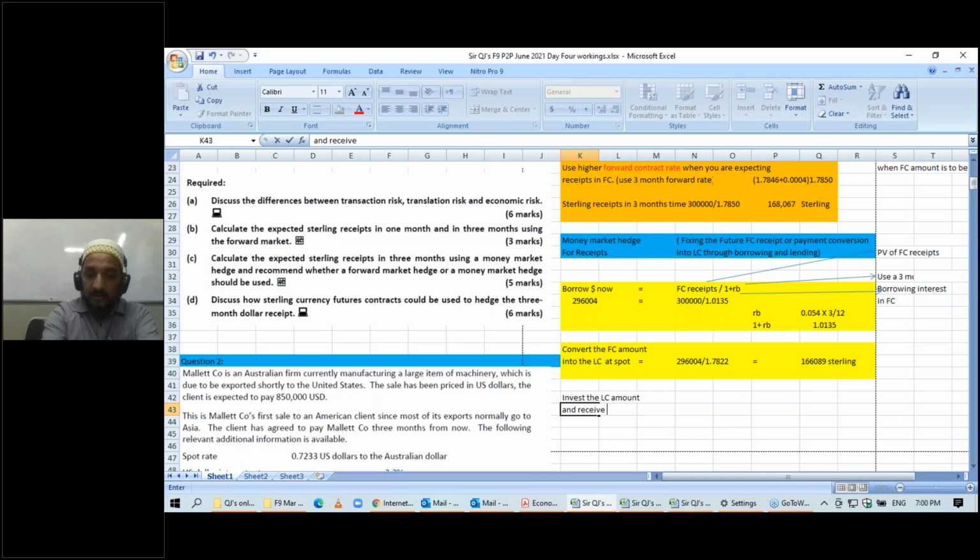Just follow the strategy which I am telling you. Invest the local currency amount and receive local currency interest and principal in 3 months time.